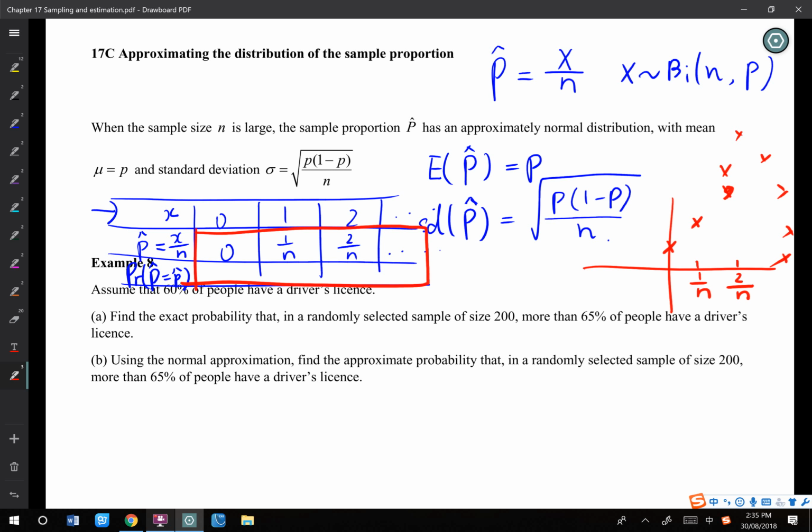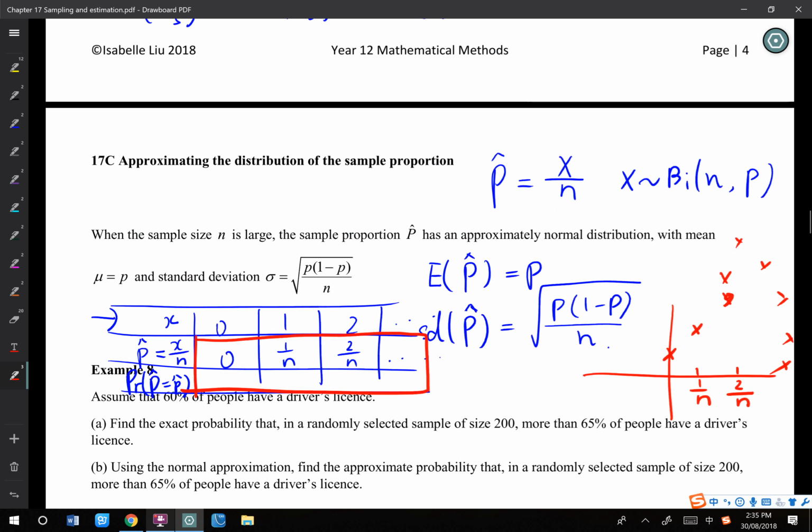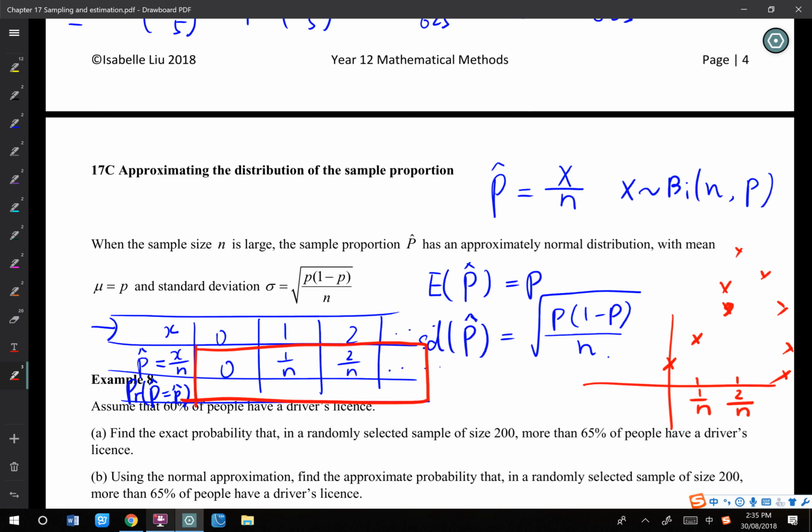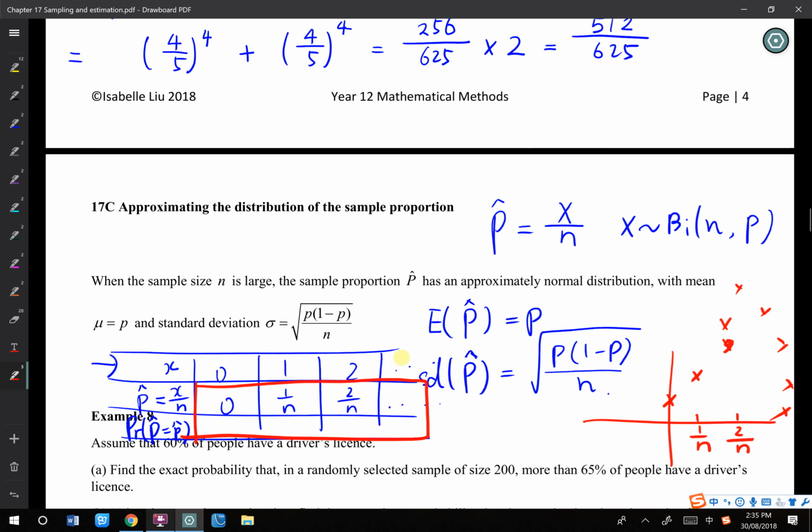In the previous exercise, we used binomial distribution to calculate p hat. But when n gets large enough, when your sample is huge, like I can take a sample of 20, I can also take a sample of 200, we can use normal approximation.